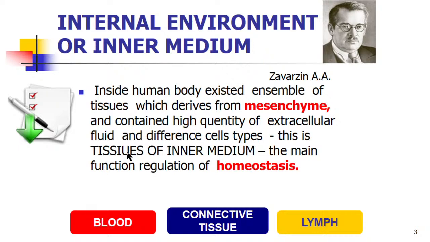This is the tissue of the inner medium. The main function of this tissue is regulation of homeostasis. Homeostasis we will discuss a little later, but the main function of blood, connective tissue and lymph is regulation of homeostasis. Both of these tissues derive from mesenchyme.